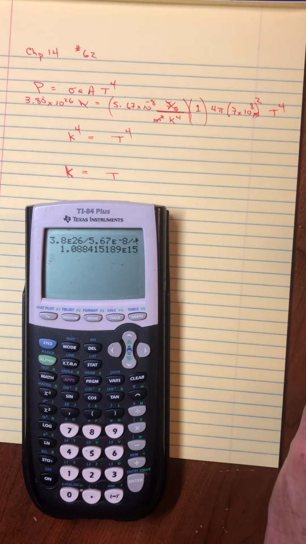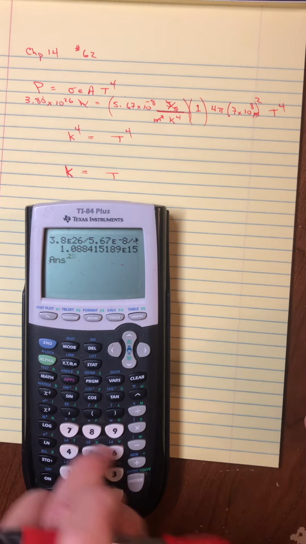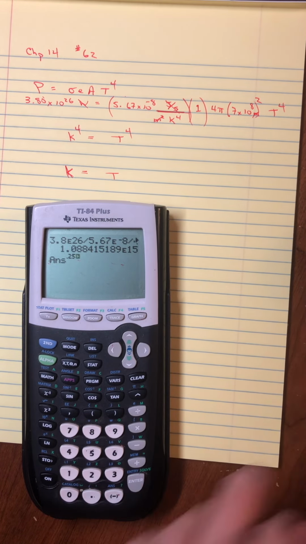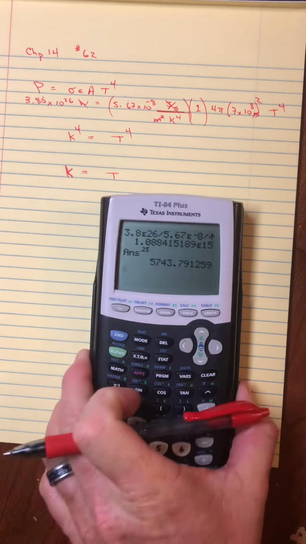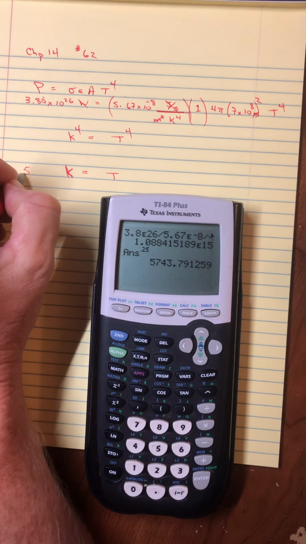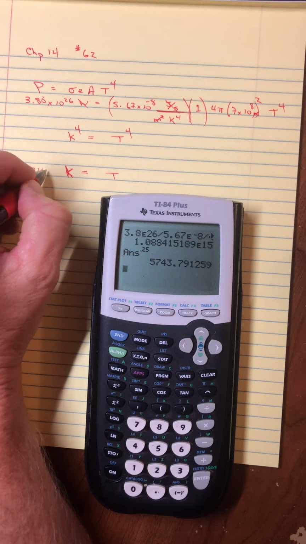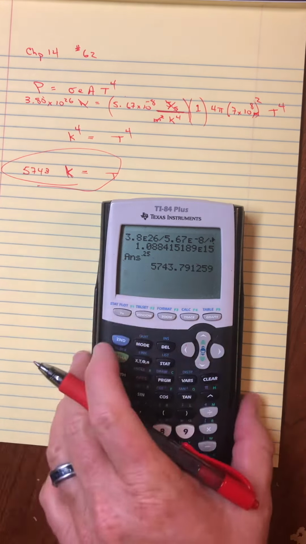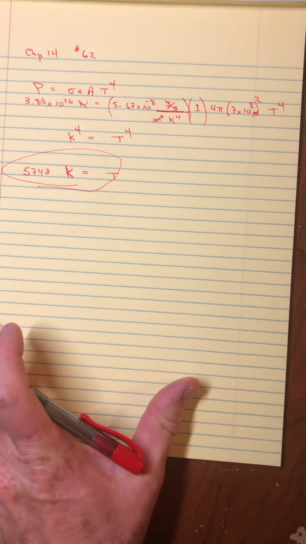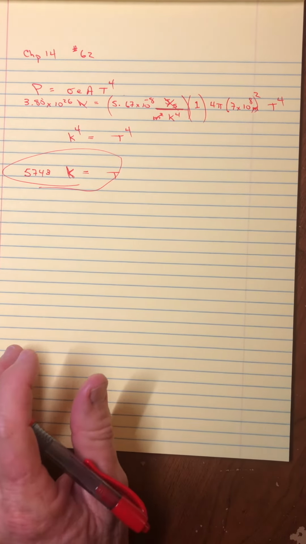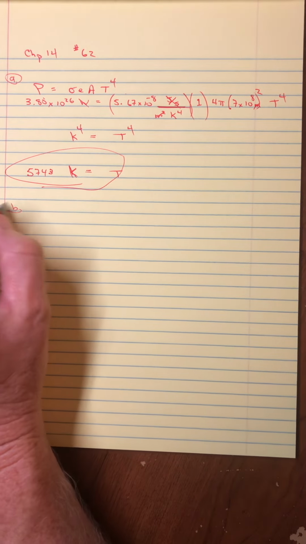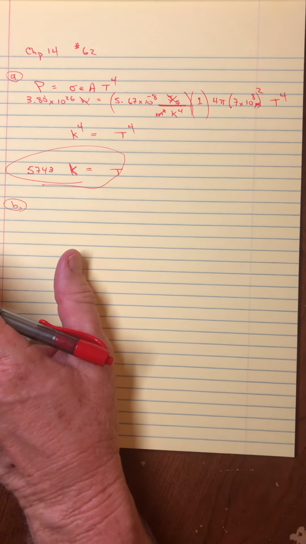Okay, so that should be the temperature to the fourth power. Now let's take a fourth root, which I'm going to do by raising it to 1/4, which is 0.25, and I get a surface temperature of 5,743 Kelvin. So there's our surface temperature of our sun based upon the power output. So there's A, and a good example of Stefan's law.